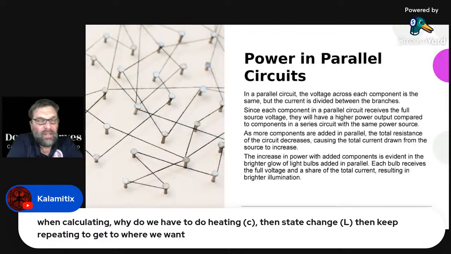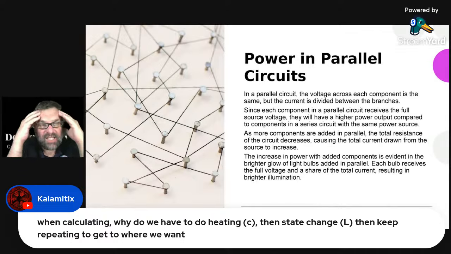When calculating, why do we have to do heating, then change, state change, to then keep repeating to what we want? Why do we have to do heating, C, and then change, state change, L? I guess it depends what the question is asking, isn't it?